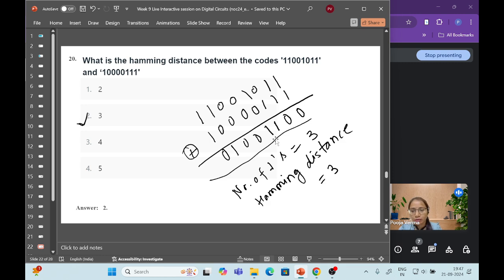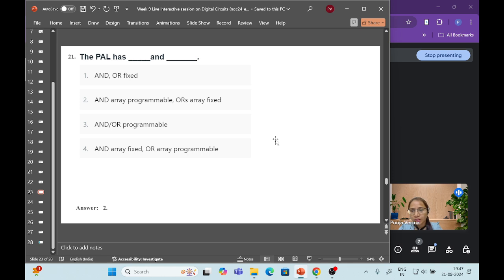Okay, so now moving to the next question. The next question is: the PAL circuit, programmable array logic, has an AND or OR fixed or programmable? The AND array is programmable and the OR array is fixed. It is a PAL, programmable array logic.